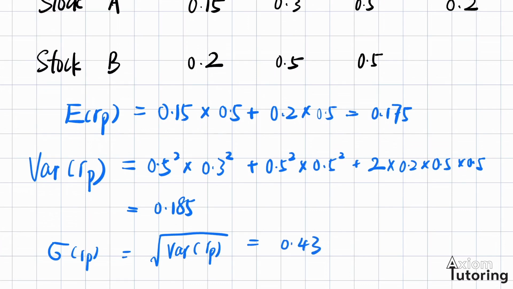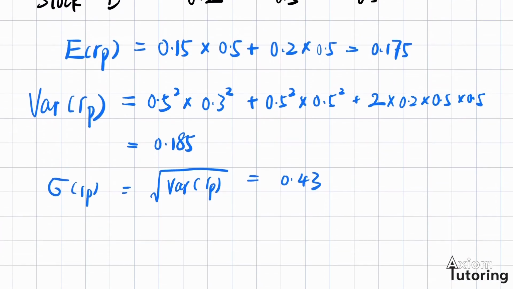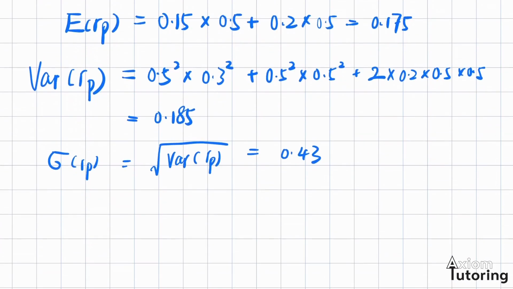Okay, so we need to generalize this and put it into a generalized equation. So if we have a two-stock situation here, the return for the portfolio would be W1 R1, which is the weight for the first stock and the return for the first stock, plus W2 R2 here.